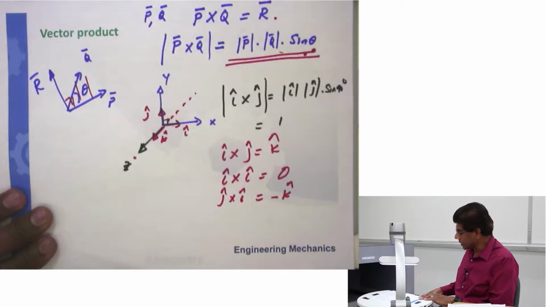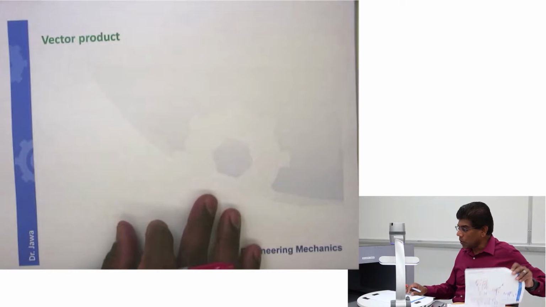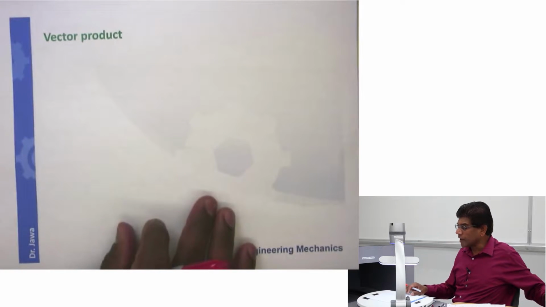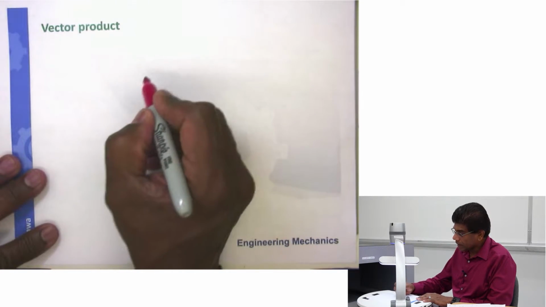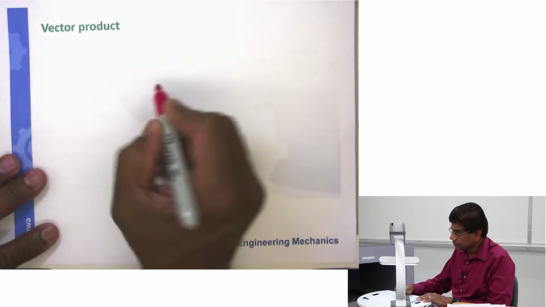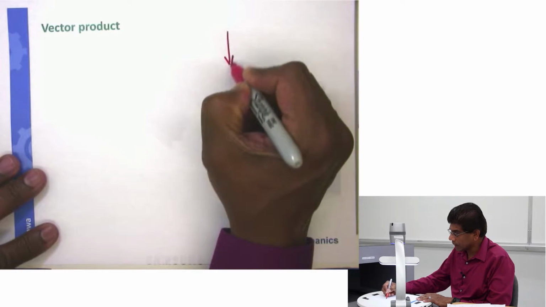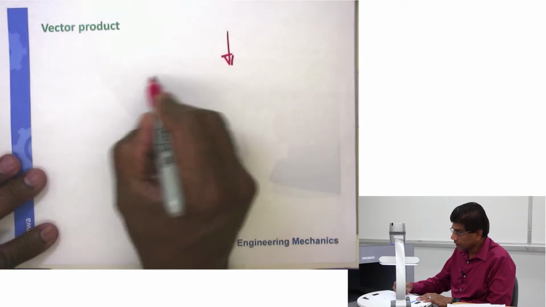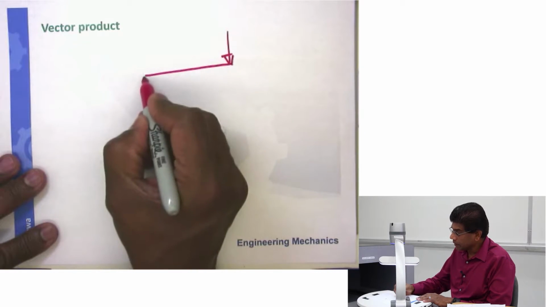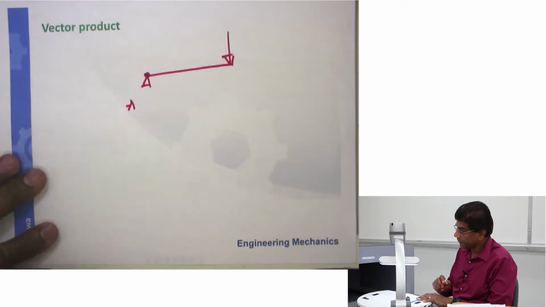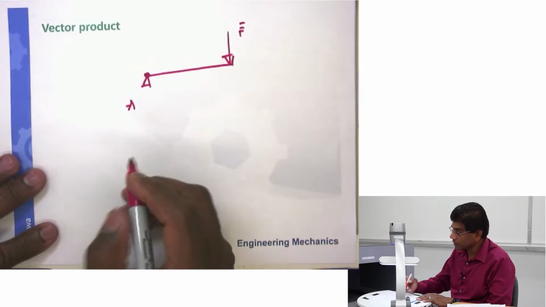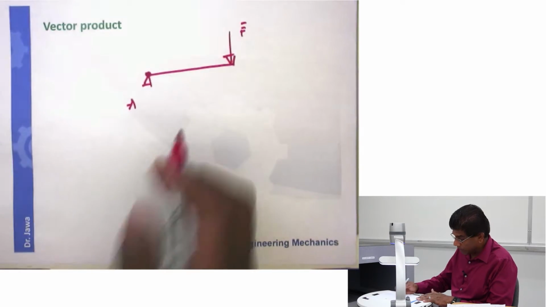But to complete the discussion, I'm going to draw or show the vector product in the context of a moment. All right? So if I have a force applied here, and I am calculating moment about this point, this is my force vector, this is my position vector.